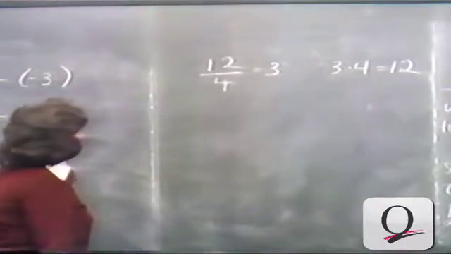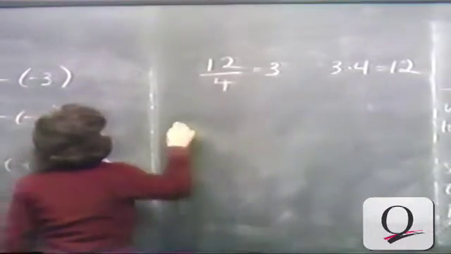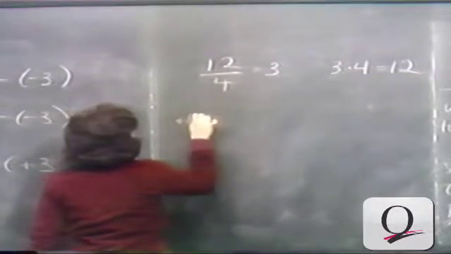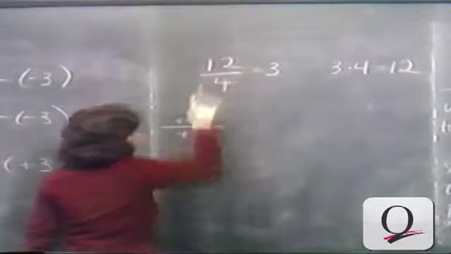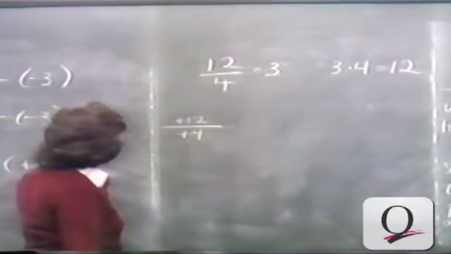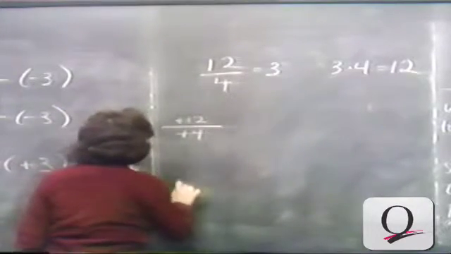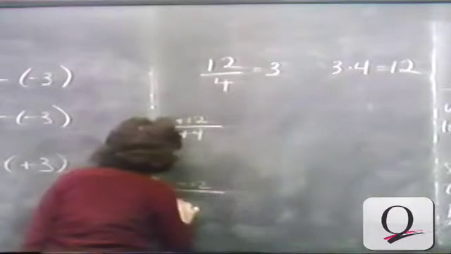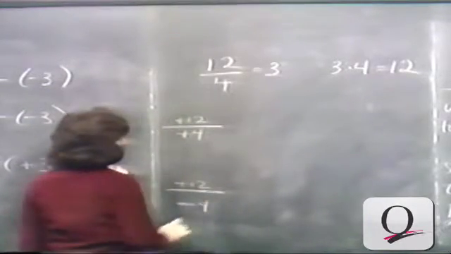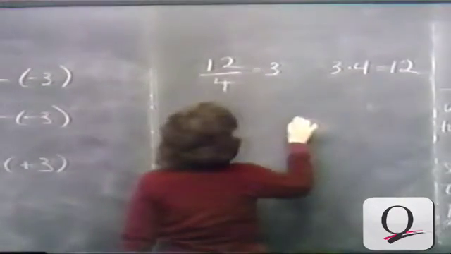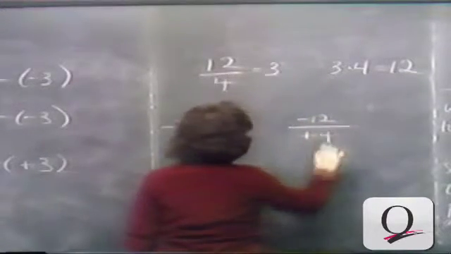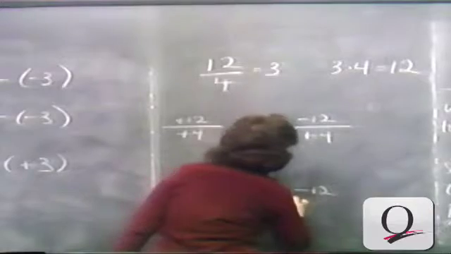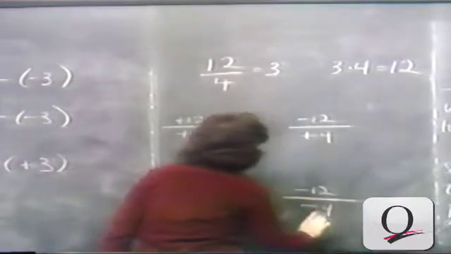Let's consider 4 possibilities. We could have plus 12 divided by plus 4, which of course is just 12 divided by 4, or plus 12 divided by minus 4, minus 12 divided by plus 4, and minus 12 divided by minus 4.